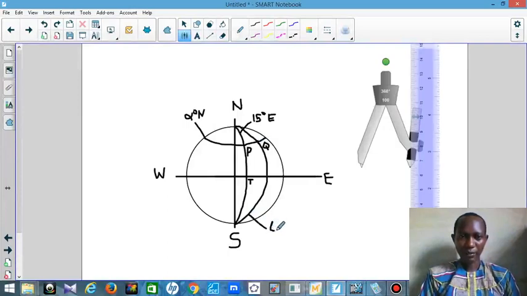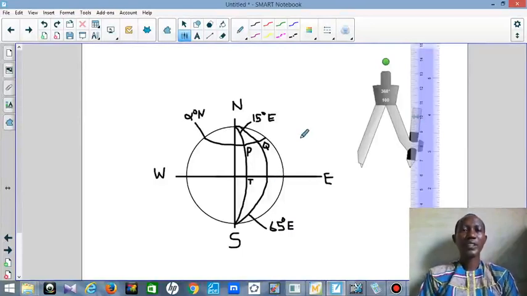Let me label it on this side since up is tight. So this is 65 degrees. 65 degrees east. So when you have this kind of sketch, nobody will say you don't know what you are doing. This is very neat and fine.